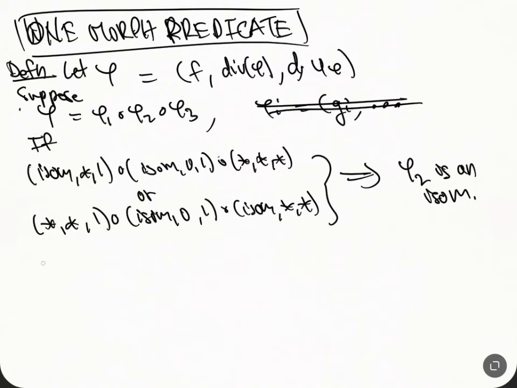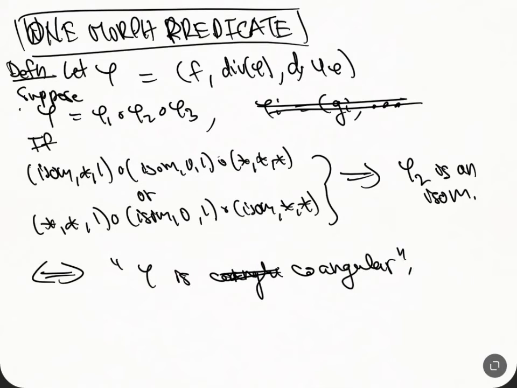This is the condition that phi is a coangular morphism, which is this crazy condition. So I got that out of the way. I've talked about these things, one-morphism and two-morphism predicates.